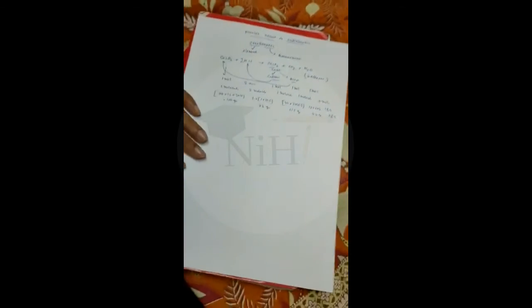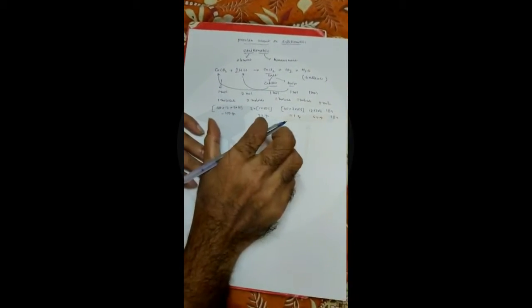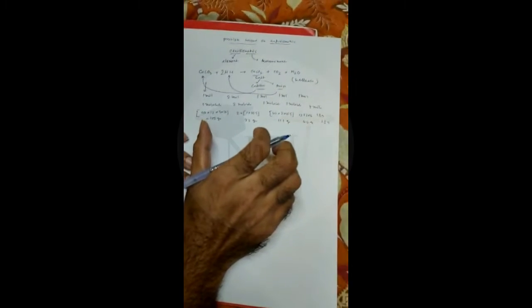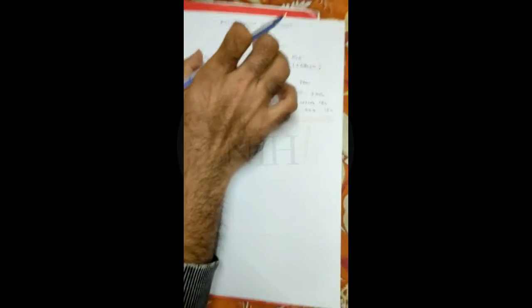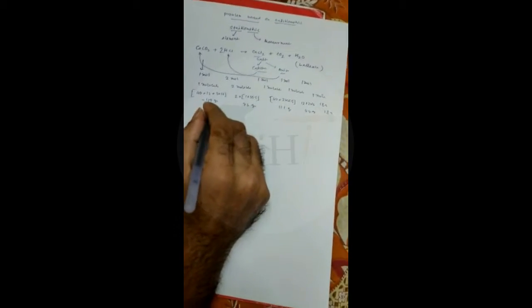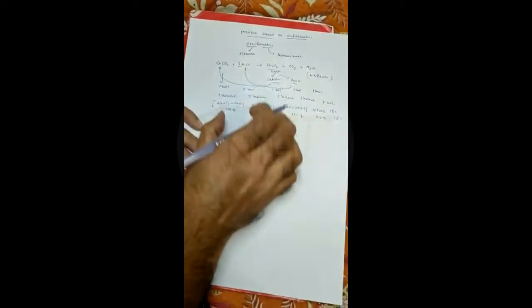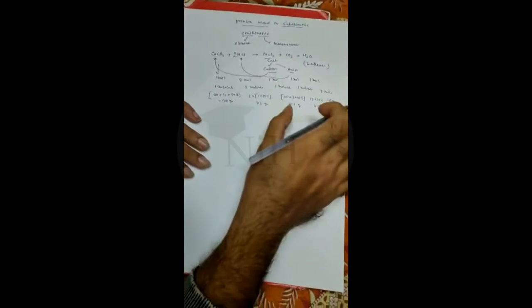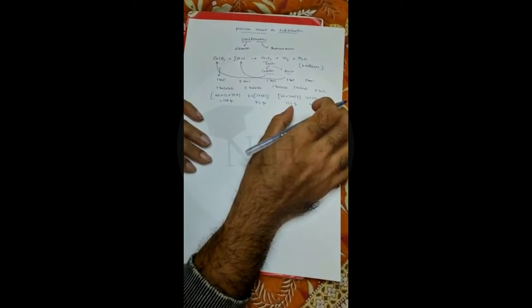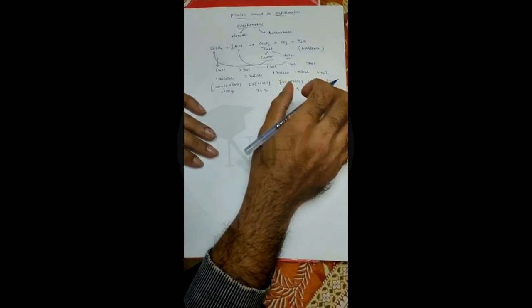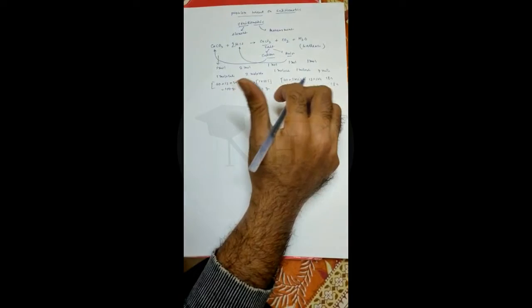Okay, one thing we can say, the law of mass conservation we can also prove from this balanced chemical equation, that means the total mass before the reaction and the total mass after the reaction will be conserved. But most of the students make a mistake.